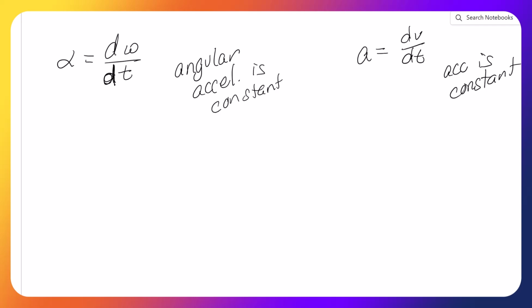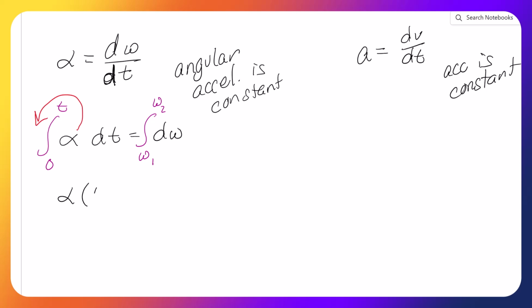So we have alpha dt equals d omega. Integrate from time equals 0 to time equals t, from some unknown starting angular velocity to a final angular velocity. Since angular acceleration is constant, it can come out of the integral. On the left we end up with alpha times t minus 0, and on the right omega 2 minus omega 1.